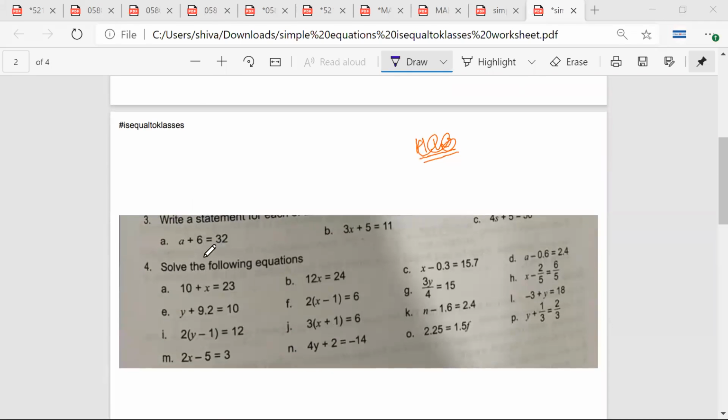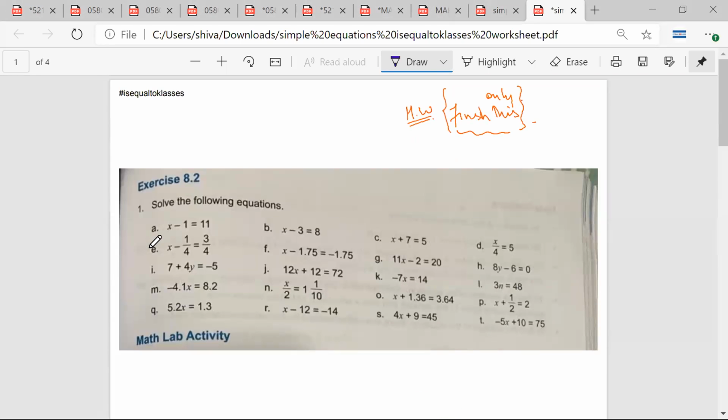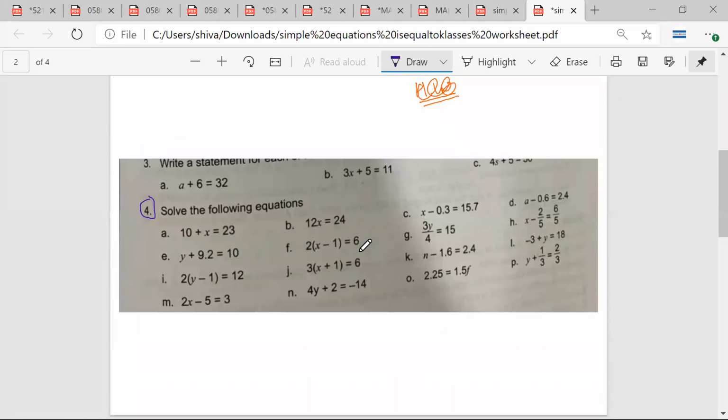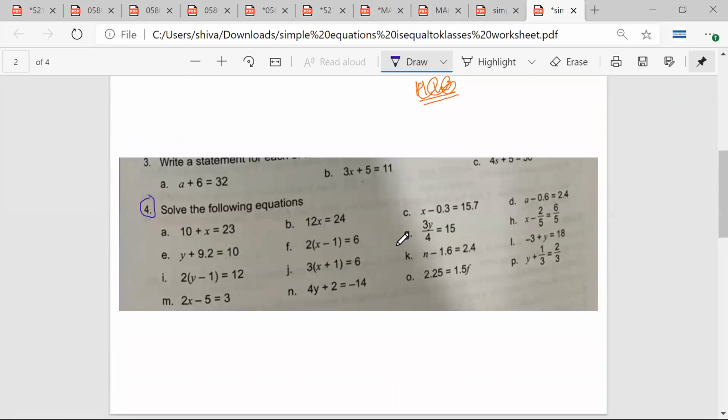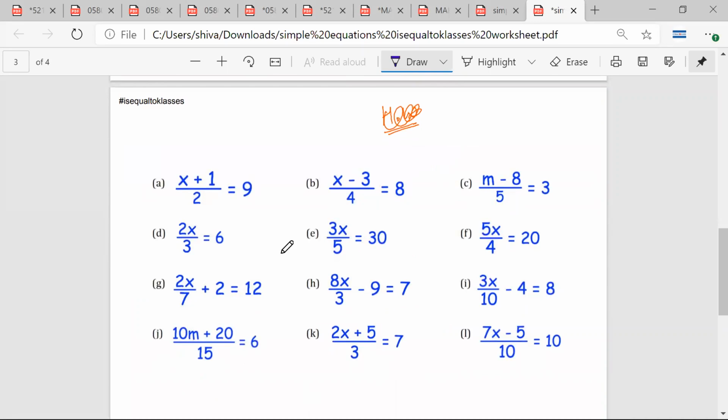Mr. Sarthak, any doubt? No, sir. Satya, we have done this before. Yes, sir, I remember. So you shouldn't face any problem. So do this. If you want, you can do this also. And in the next lecture, we'll solve these equations.